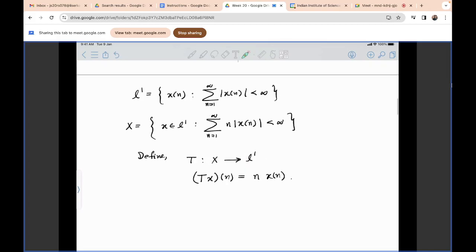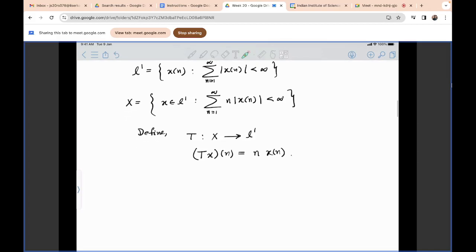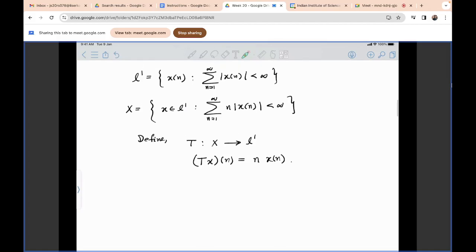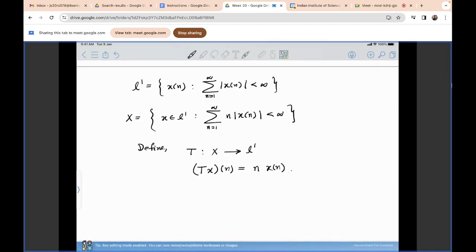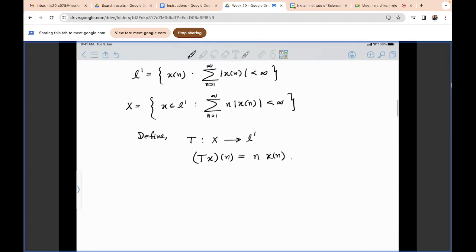Now we have to check whether T is closed or bounded, one-one or not, or an open map or not. First we will show that T is not bounded. T is obviously linear. Now note that T is not bounded. This is easy to check.